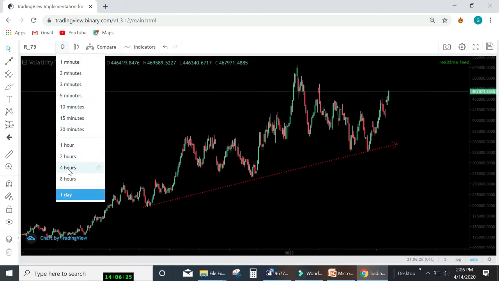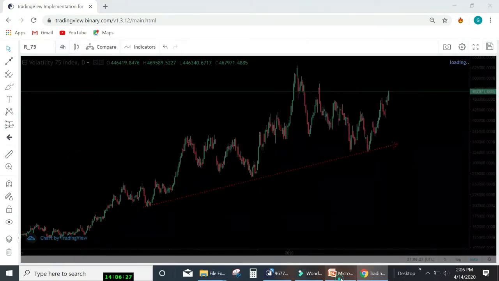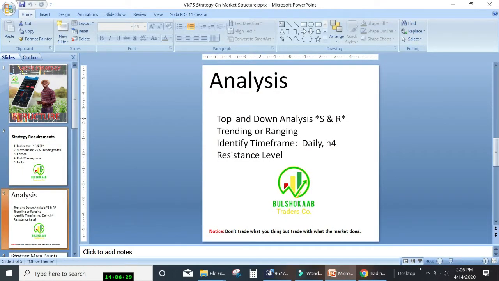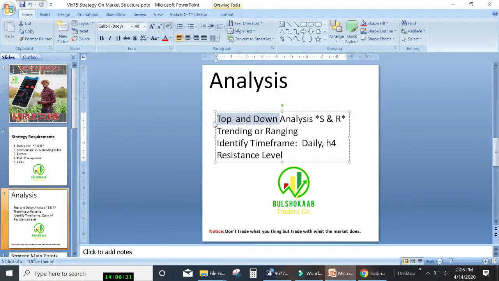So go on and then change the time frame. Let me change it to 4 hours. As you see here, we need to know the top-down analysis. What do I mean by top-down analysis?